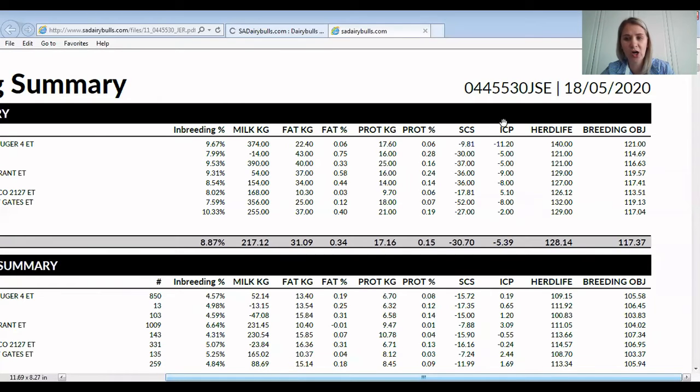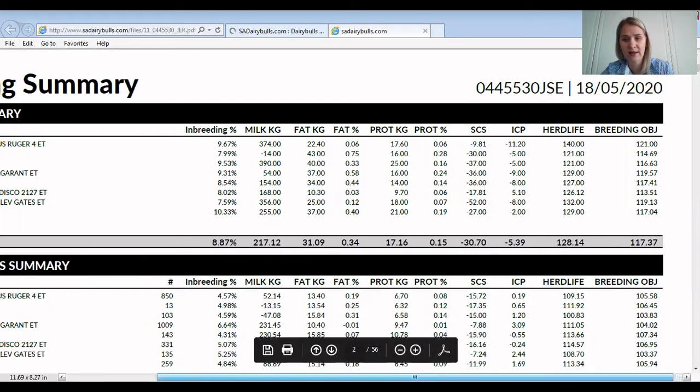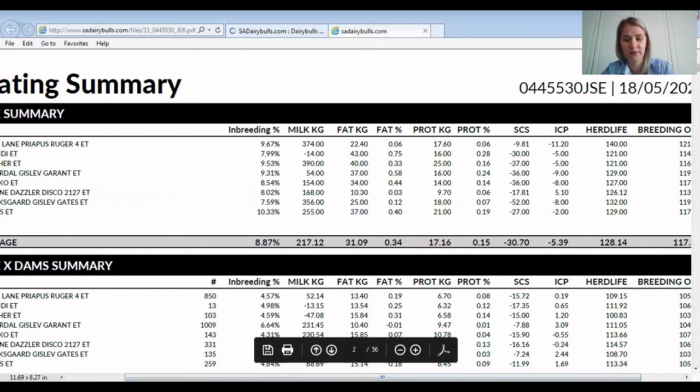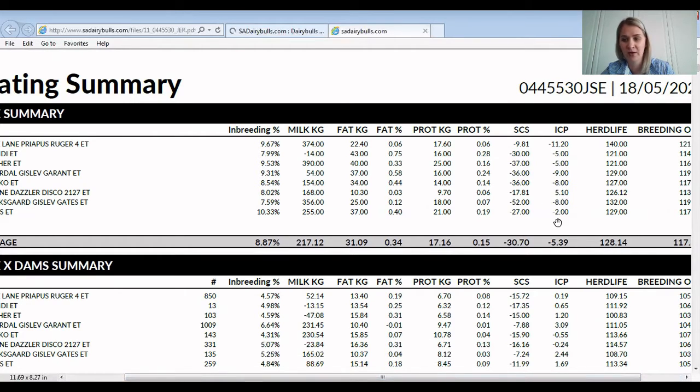Somatics and intercalving periods we always want to be negative, so that's quite nice. You'll just see over here we have one that has, who is it over here? Disco, who has a plus on intercalving period over there.